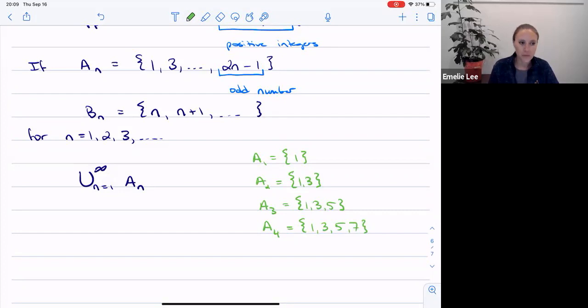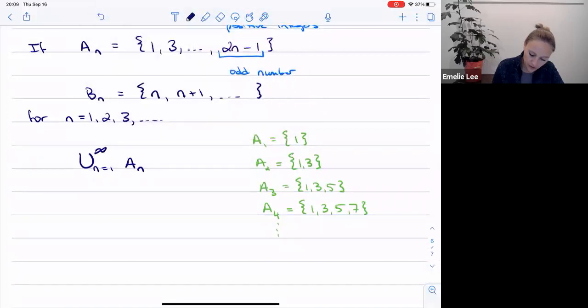Good. So then we look at this pattern and it looks like it's just going to build up incrementally throughout all the odd numbers, right? So for each increment, we're going to add another odd number in the list, right? So this keeps going and going, and eventually we have the set of odd numbers.